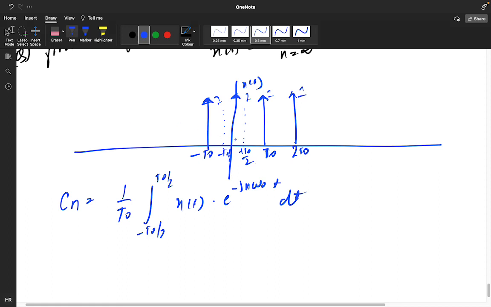We can take from this to this also, but in this case two impulses are coming, so it will create confusion. The problem will be very difficult to solve.